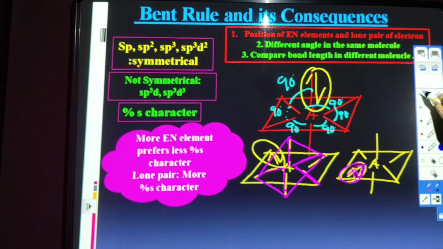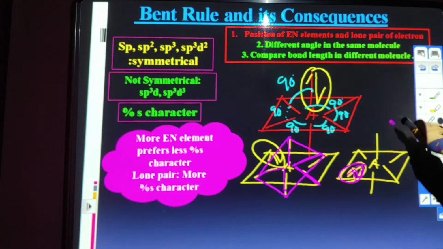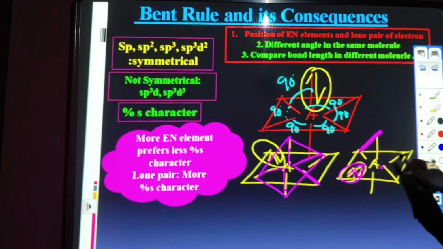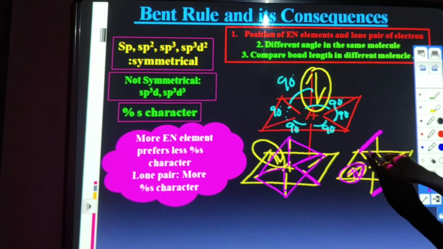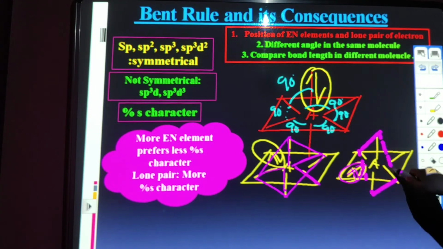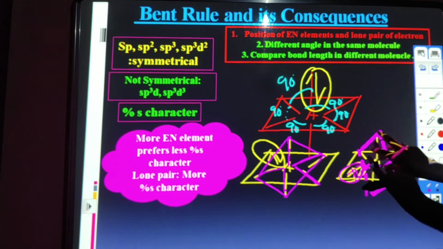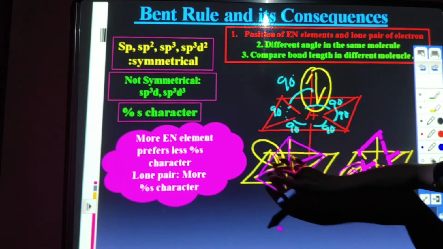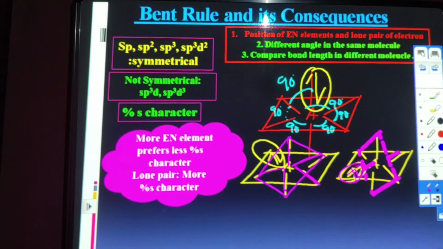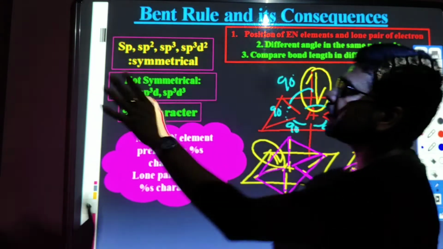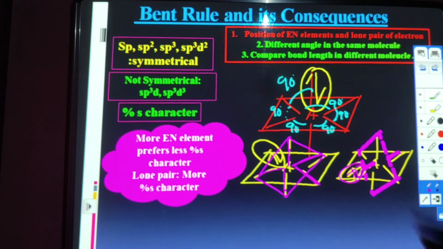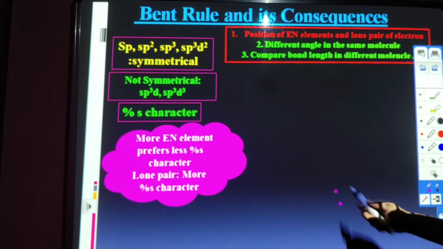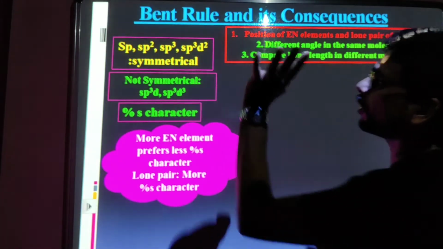I will make it this way. 1, 2. Okay, this one and this one. No problem. So this is the square plane base. This is the square plane, and this is the square plane. So no problem. Angles are same. Anywhere you can put. The question is for sp3d orbital.